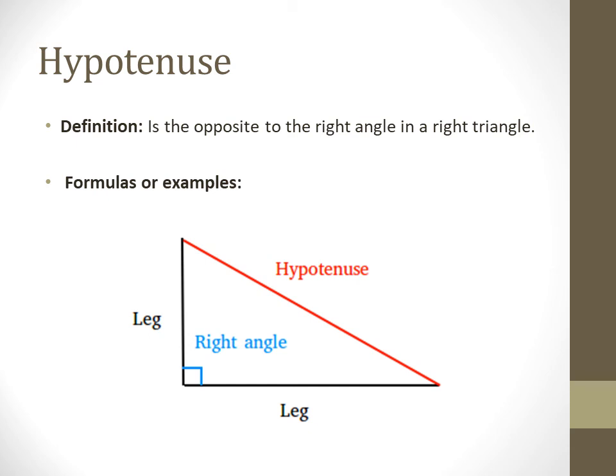Now you may think, well, why are you telling me this? Well, sometimes we will need to use a formula to find either the hypotenuse or one of the legs of a triangle.